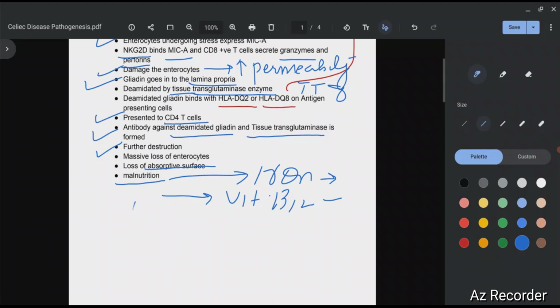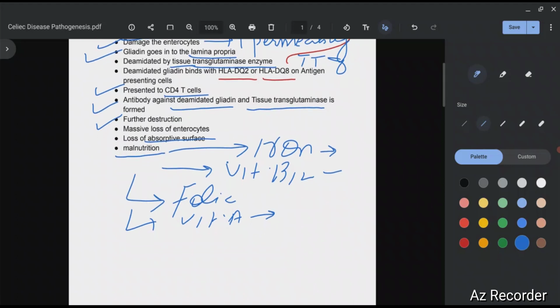And if the patient has loss of folic acid, there will again be macrocytic anemia. If the patient has vitamin A deficiency due to malabsorption, there will be keratoconjunctivitis and Bitot spots on the conjunctiva. And if the patient has vitamin K deficiency, there will be bleeding, and if the patient has vitamin C deficiency, there will be scurvy.